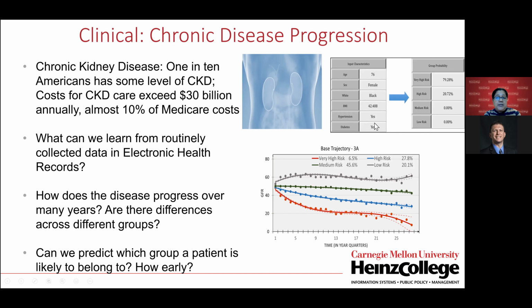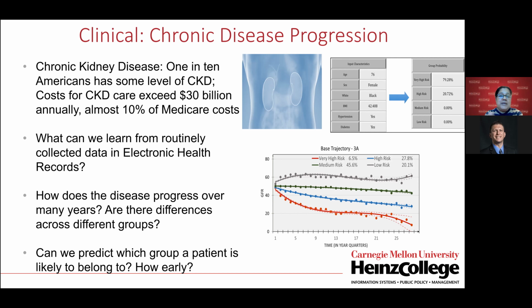Does the patient have hypertension and diabetes? What is the BMI, the body mass index of the patient? Whether the patient is African American or white, male, female, age, and so on. Just a few risk factors. We can actually identify within 18 months or so which group this patient is trending to, based on their kidney function, which is based on a lab test.